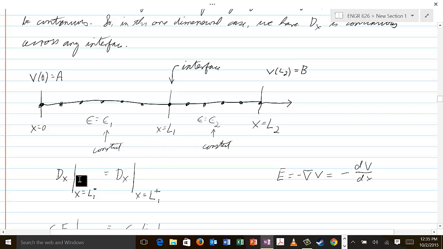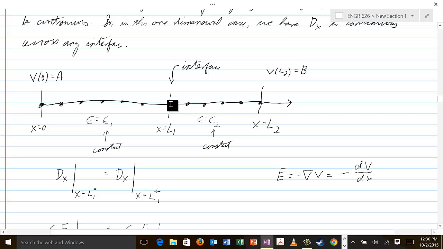So that means that dx evaluated at L1 minus, and what I mean by L1 minus is just a tiny distance to the left of L1, is equal to dx evaluated at L1 plus. And as you might guess, L1 plus is just a very small distance to the right of L1.